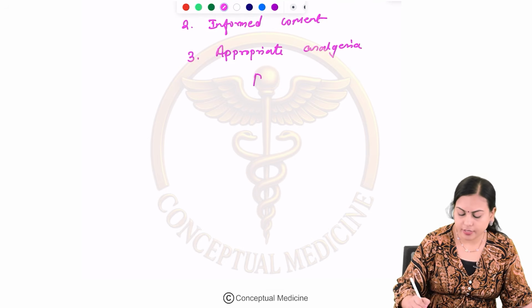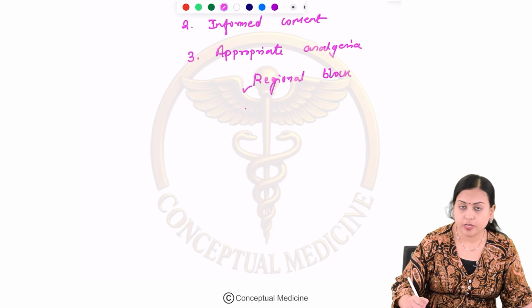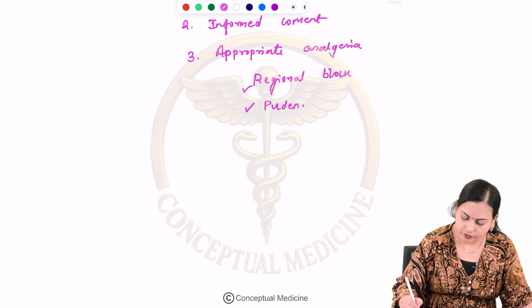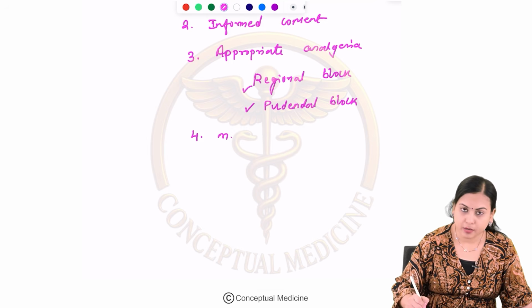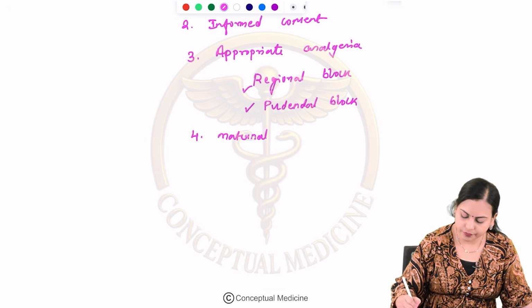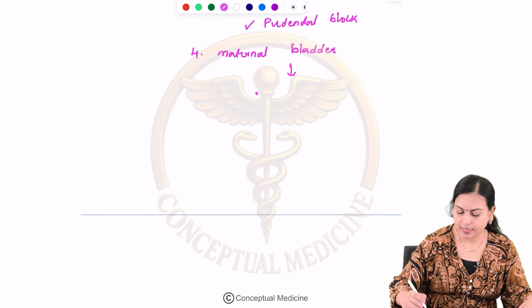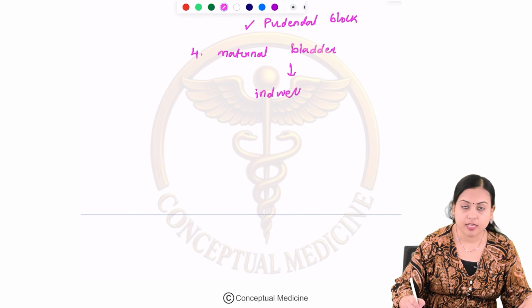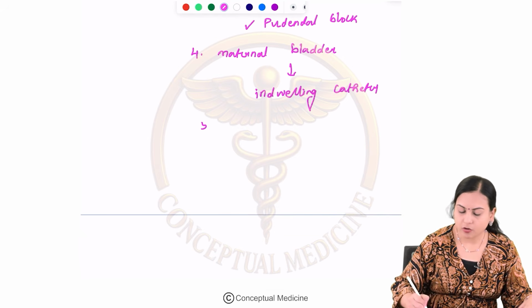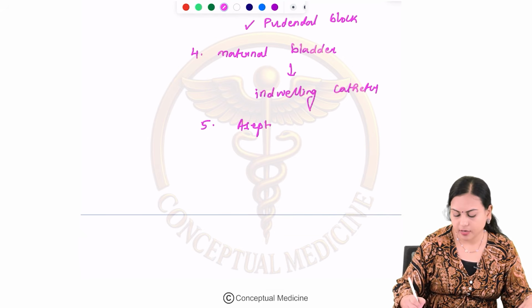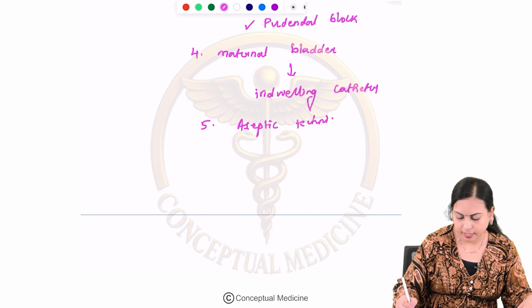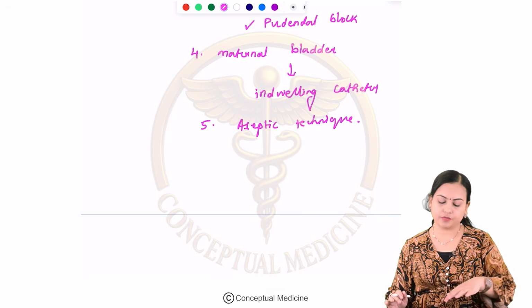Usually a regional block or even a pudendal block can be preferred. Maternal bladder should be emptied, and if needed, an indwelling catheter can be kept in place. And all these procedures should be carried out under aseptic technique. Clear? Right.